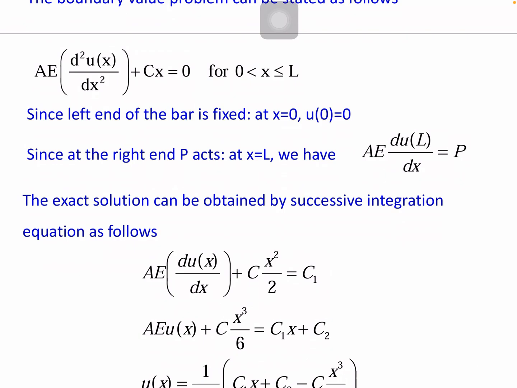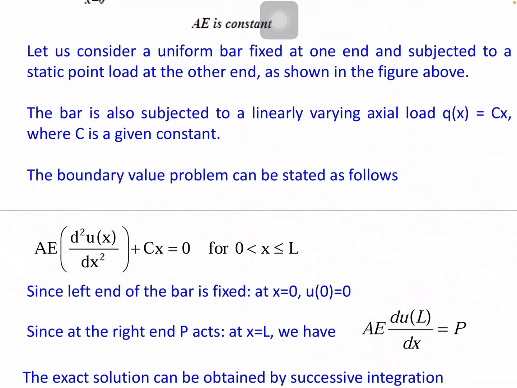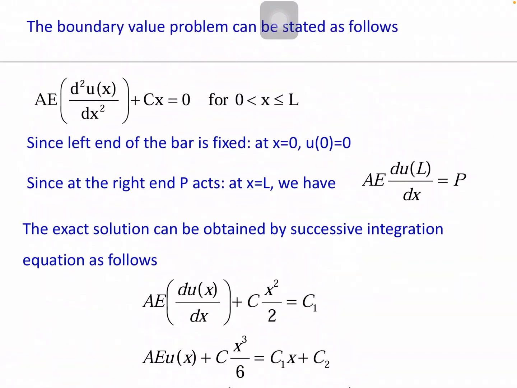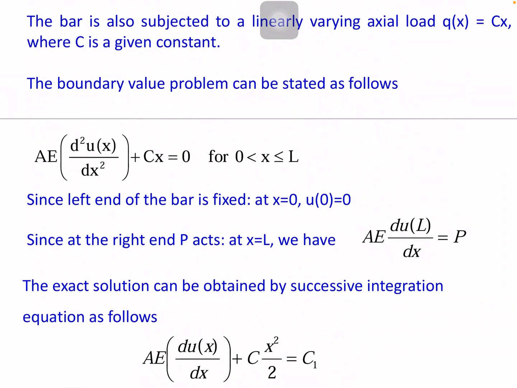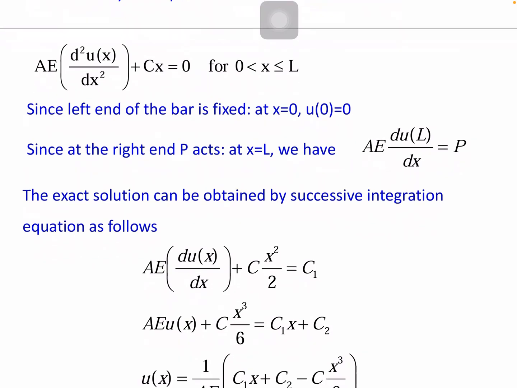Then in order to find out the exact solution, we need to successively integrate the governing equation. So this is the governing equation we need to successively integrate. First time when you integrate, A into d square u becomes du by dx, plus c into x becomes integration of x, which is x square by 2, equal to one integration constant c1.